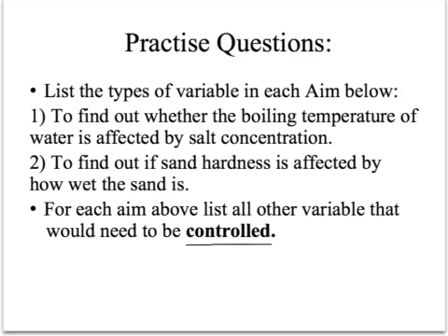Another variable to keep the same for the boiling water would be the placement of the thermometer. You would make sure you use the same type of thermometer, probably a glass thermometer, and also whether you had a lid on top of the beaker or not. Obviously you need to keep that the same.